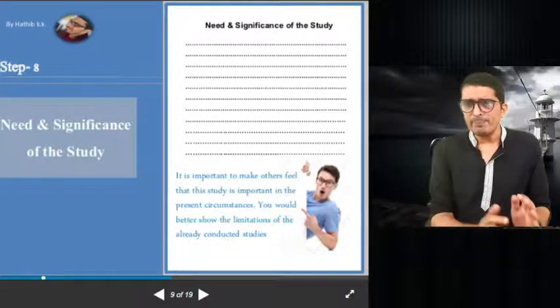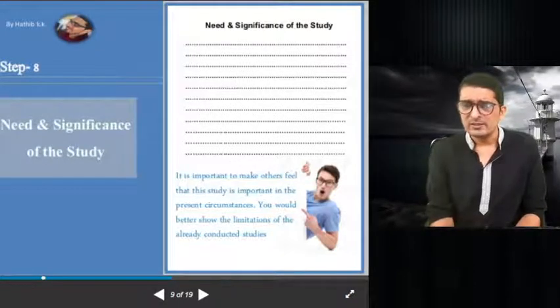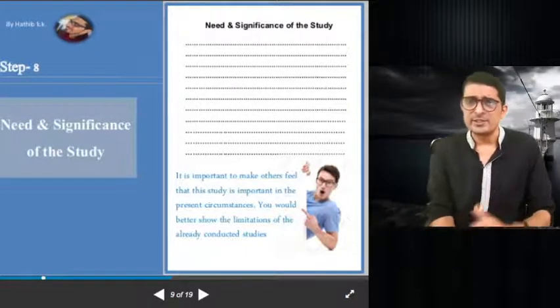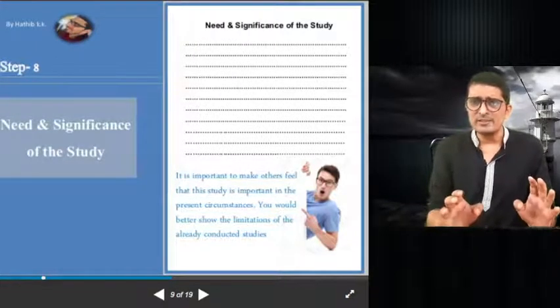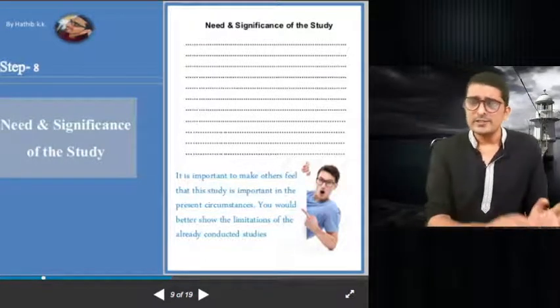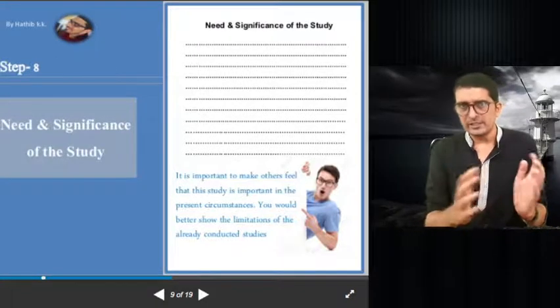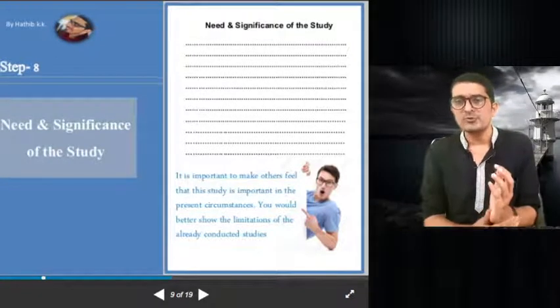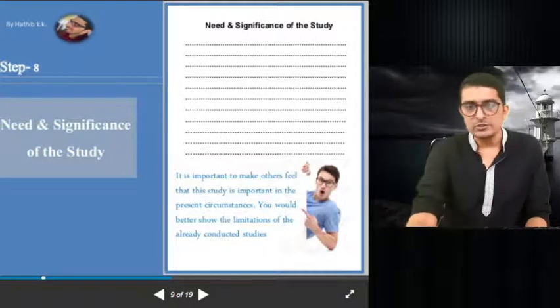So you feel that the present strategies for teaching languages are insufficient. So the present society is in need of a new strategy. So this study is important. So you should be able to mention the need and significance of the study, and for that you can make use of this section of your report.